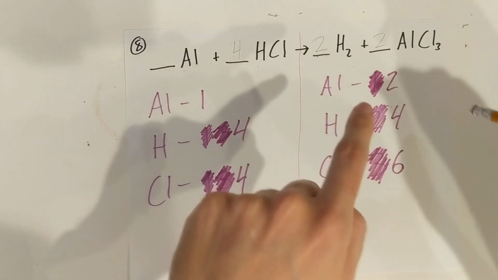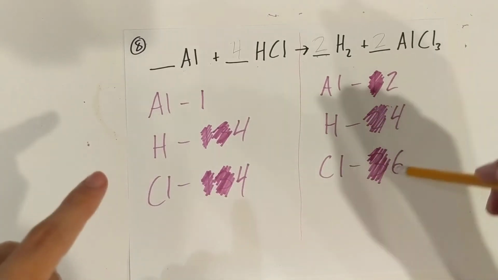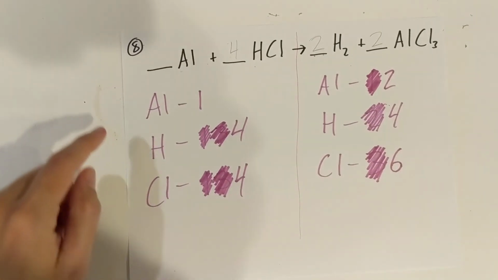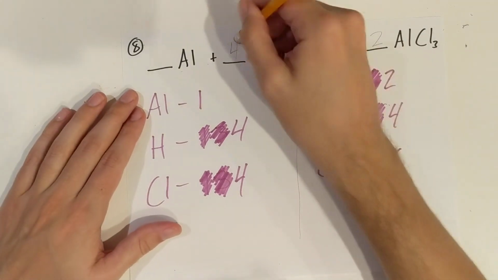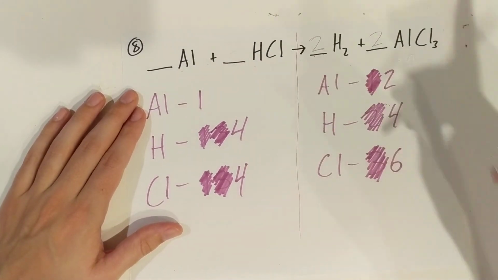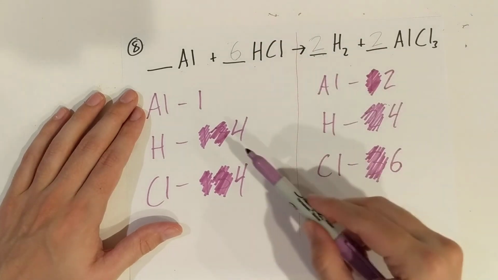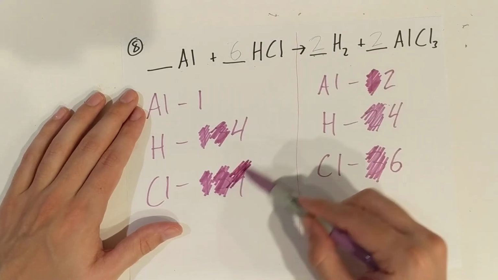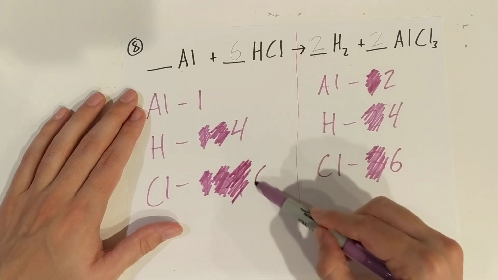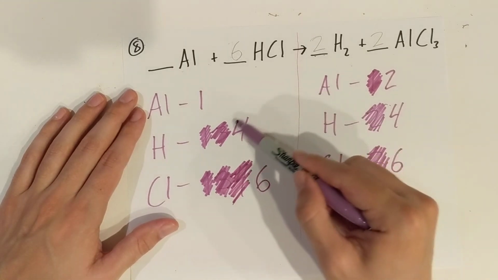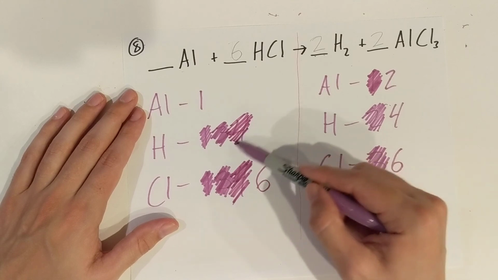So now I got too much chlorine on this side. I need 6 chlorine over here. So easy fix again. I could just change this coefficient. 6. And that'll give me 6 chlorine. But if I do that, again, that changes my hydrogen.